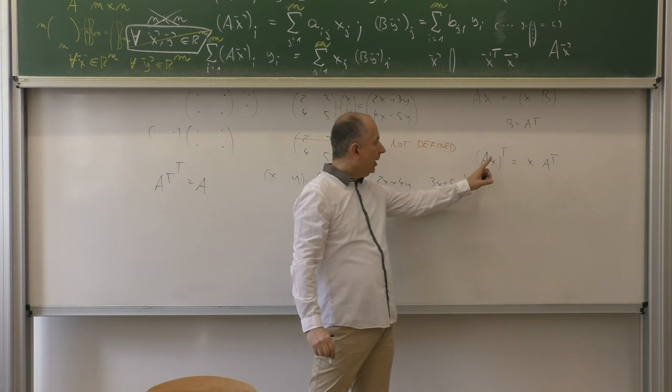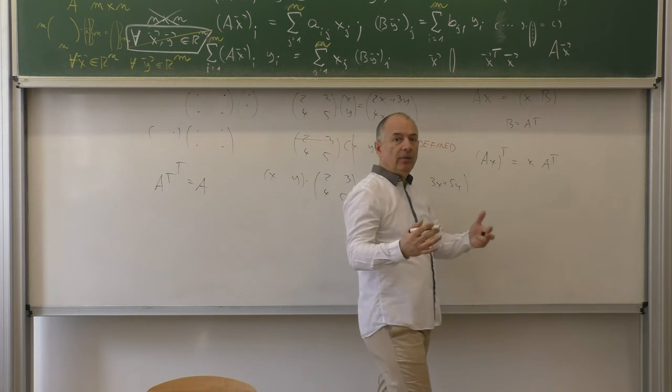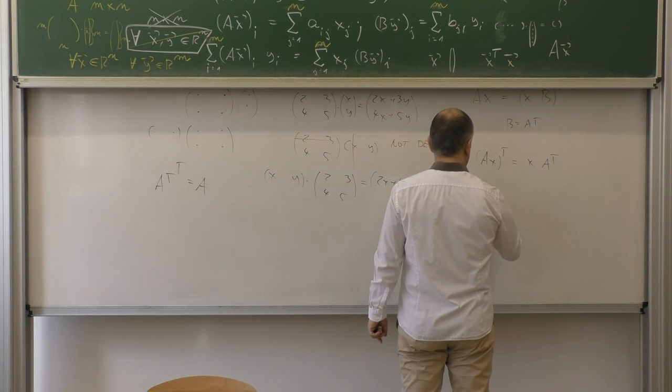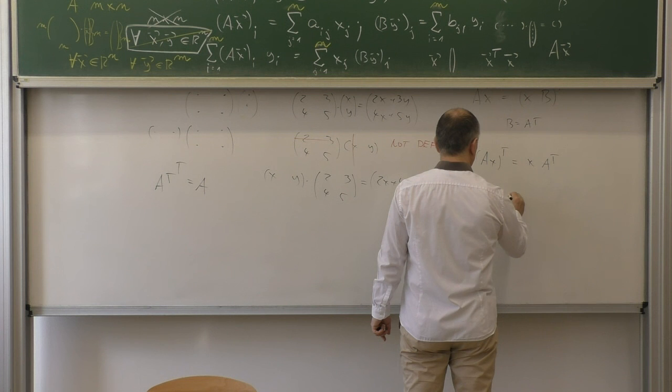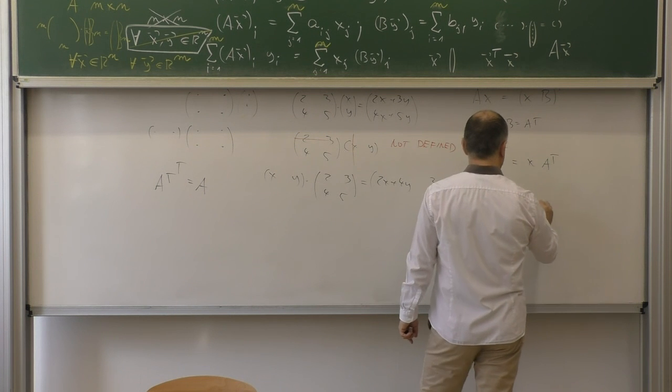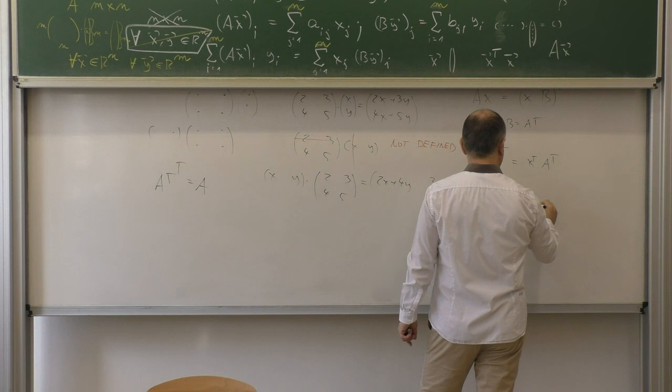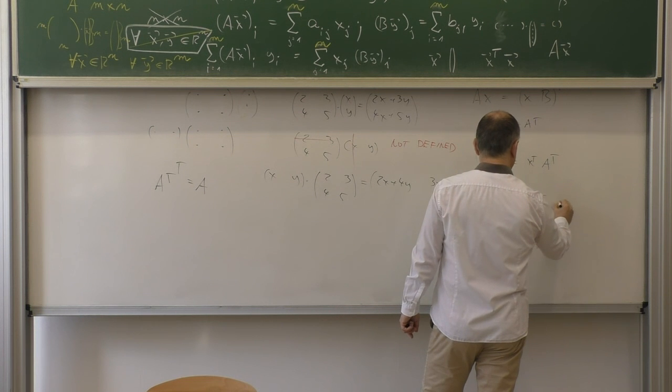And this is true not just for one vector, but for more vectors building a matrix. So if we have two matrices, say A, B, and we want to transpose this product, then the result is B transpose A transpose.